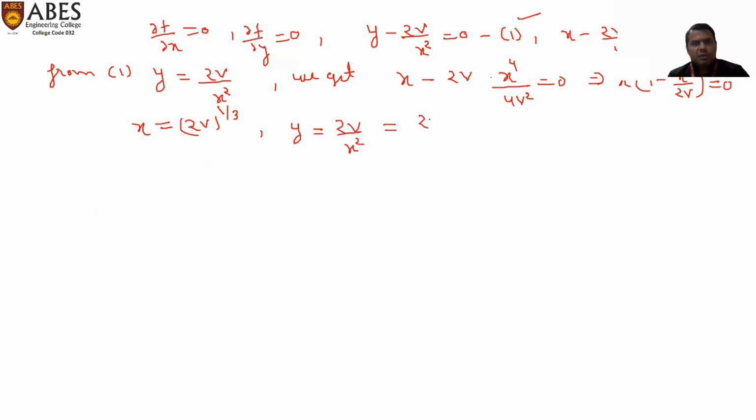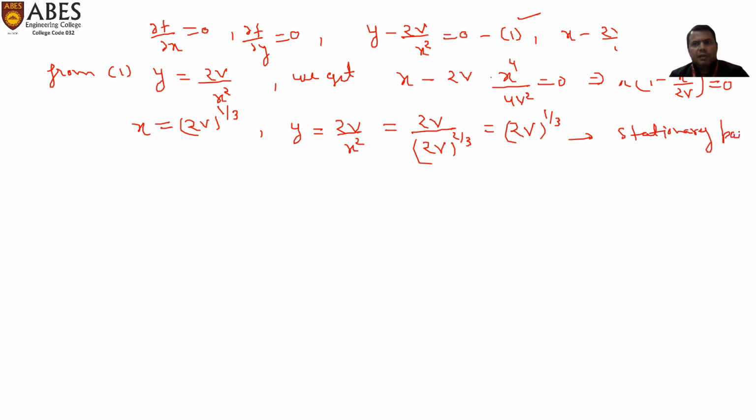So it is 2V upon (2V) to the power 2 by 3, and it becomes (2V) to the power 1 by 3. So we get x and y. It is the stationary point.